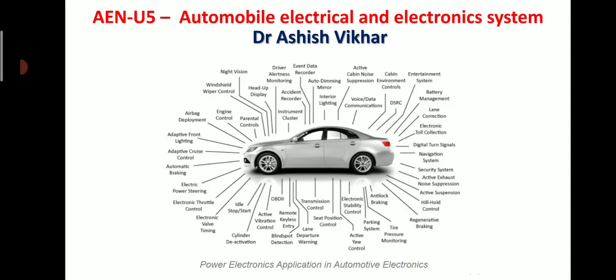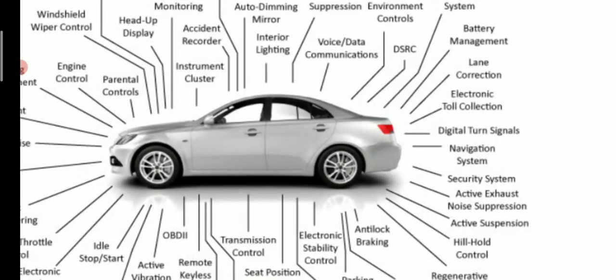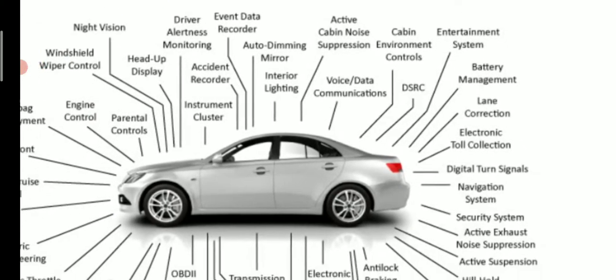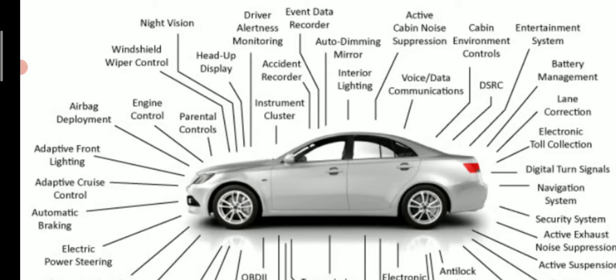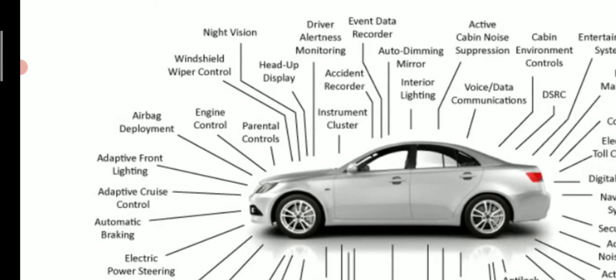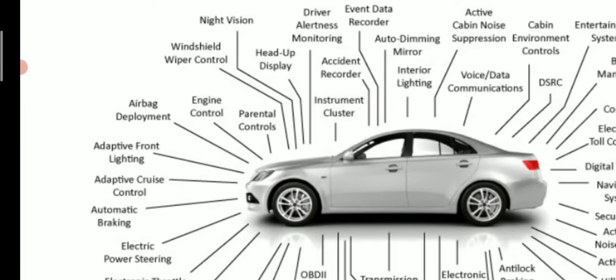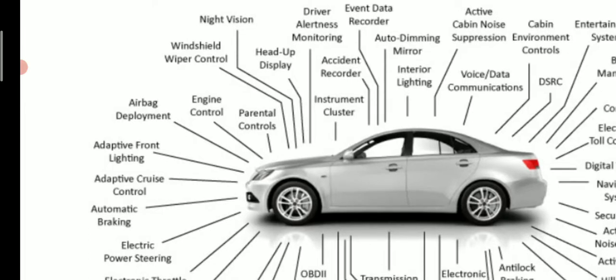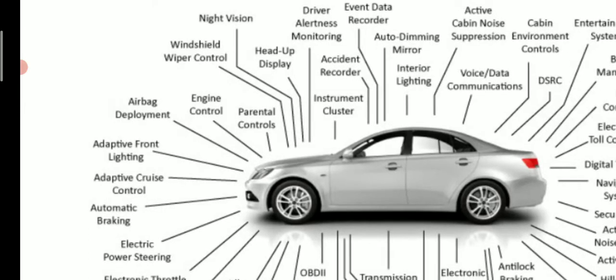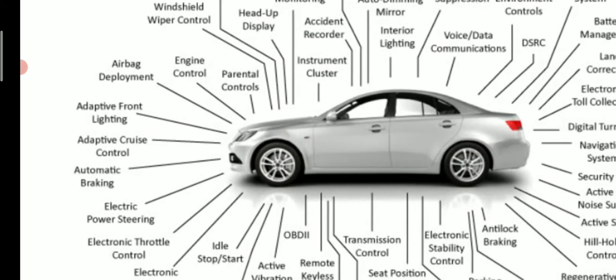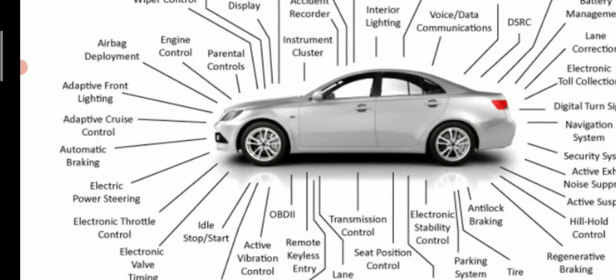In this picture you will see a car having different electrical and electronics small and big components. I am reading here some of the components. You can see here engine control that can be done today with the help of some electronic units. You will see here adaptive cruise control, automatic braking, electrical power steering.